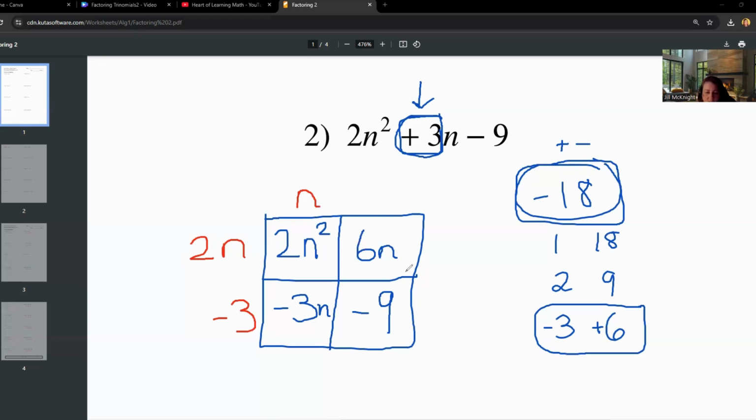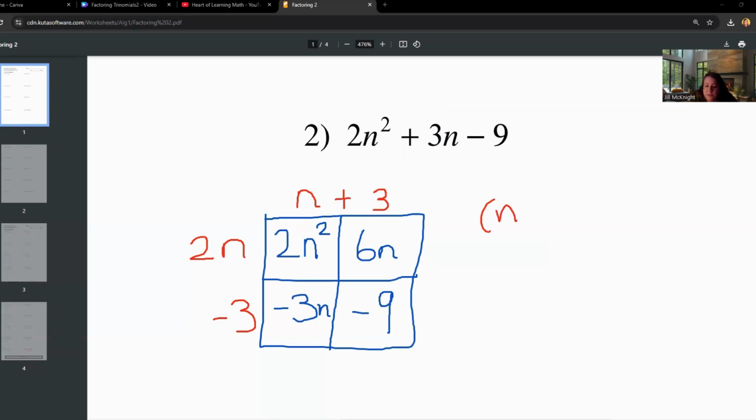And then in the last one, we have 6n and -9. So that is going to be a +3 that we can take out of there. So we got n plus 3 times 2n minus 3. Let's FOIL.